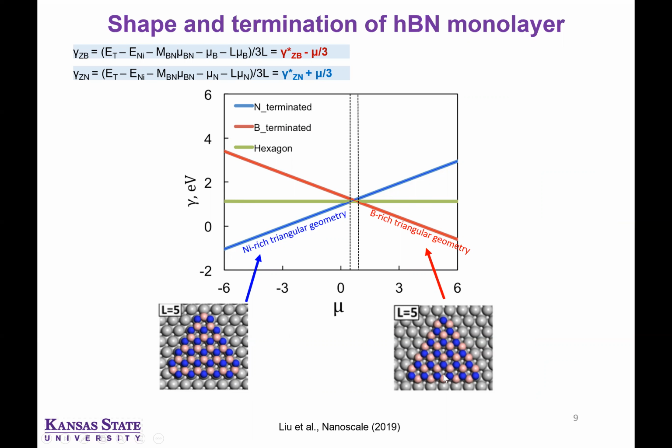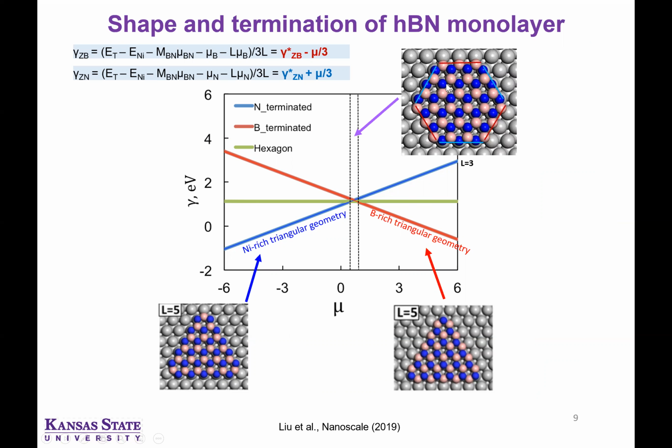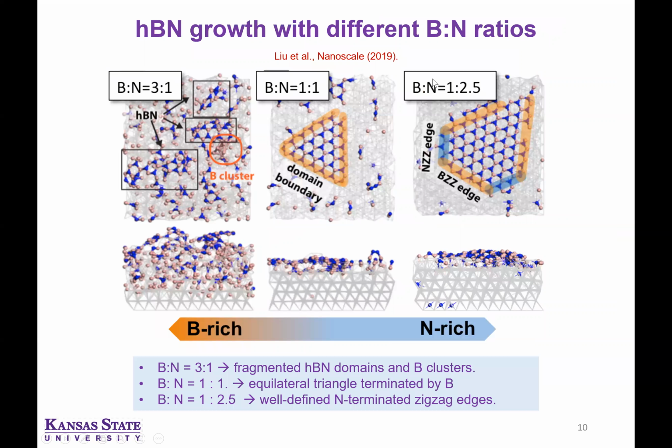On the other end, we also have a triangular shape, but with the boron zigzag edge. In between, we have observed the transition and the preference of a hexagon shape of the hBN domain with alternating boron and nitrogen edges. We test this theory by performing MD simulations using different boron nitrogen ratios.